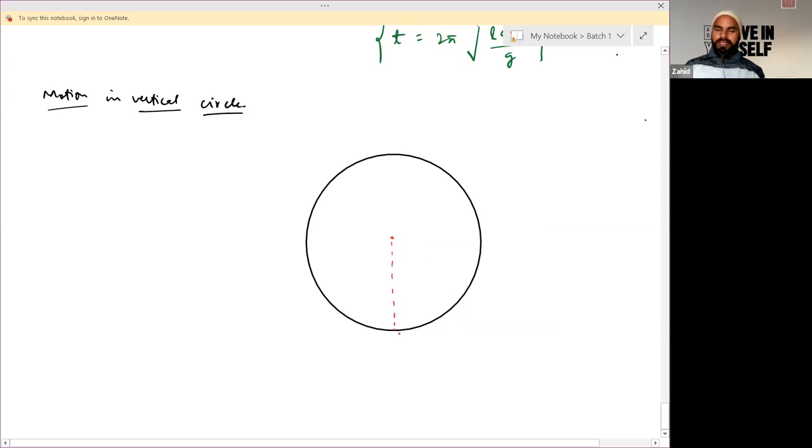So the body must require some minimum velocity to complete this vertical circular path. So we have to define tension, velocity of body at each instant.